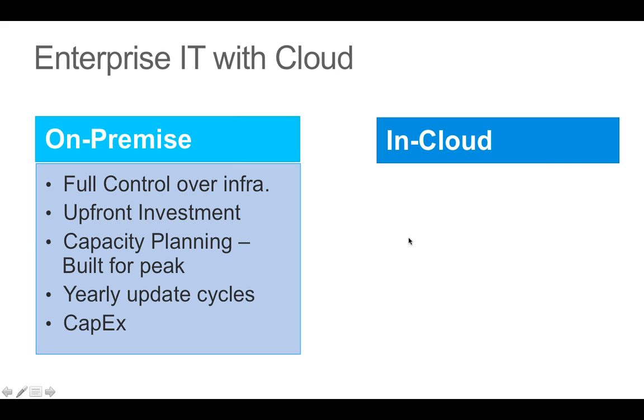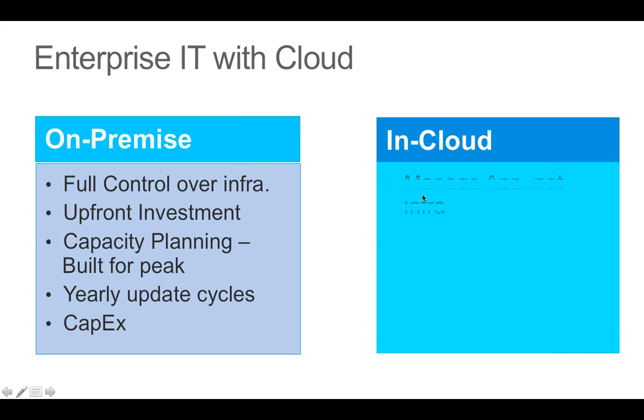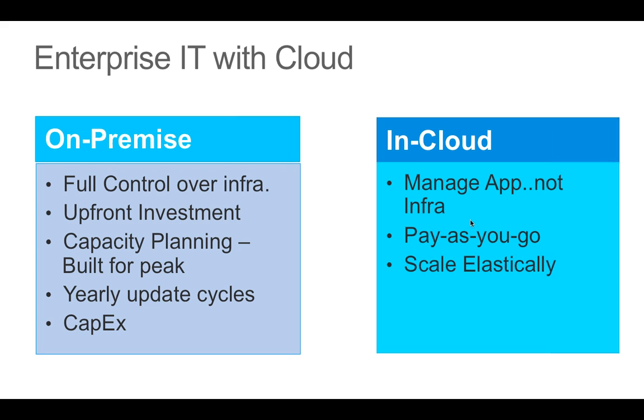As you start looking at the cloud, there are certain shifts in thinking. Your focus needs to move to managing applications and not infrastructure, which is a significant change in terms of IT philosophy within your organization. Pay as you go. It's not that you're planning an upfront investment; rather, you are looking at a pay-as-you-go model.